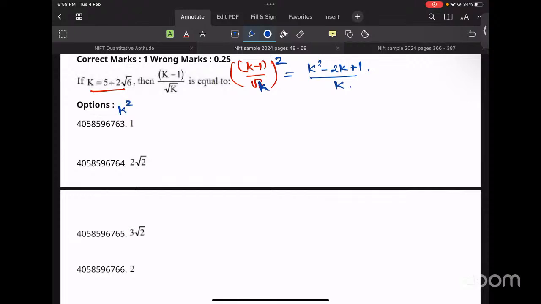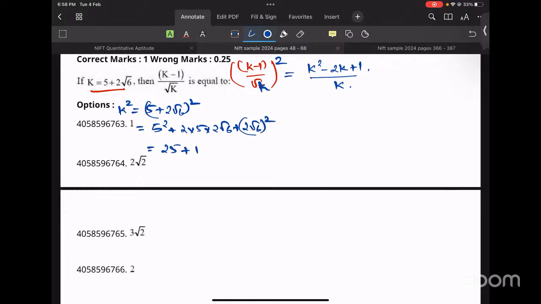Now just come here. Take k square because we want the value of k square there. So 5 plus 2 root 6 the whole square. It is 5 square plus 2 into 5 into 2 root 6 plus 2 root 6 the whole square.